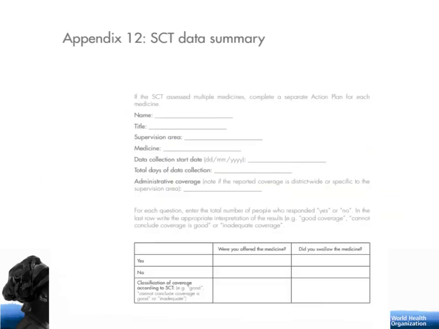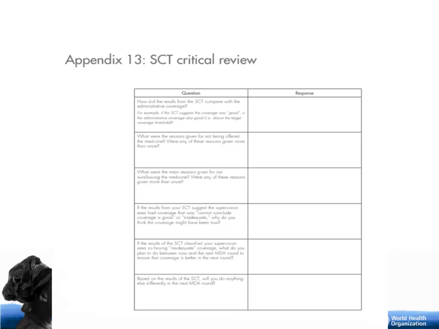Appendix 12, the SCT Data Summary, provides a space to summarize SCT results and numbers of people who responded yes to being offered and swallowing the drug. Appendix 13, the SCT Critical Review, provides a list of questions which help break down what each of these numbers mean, how they compare to reported coverage, and what next steps should begin to look like.